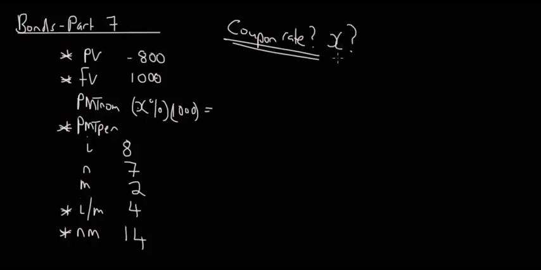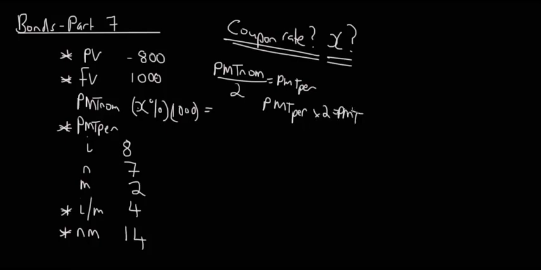X, what is it? So what we need to do is get to PMT per, because we know that PMT nom and PMT per are very closely linked, and we know that because PMT nom divided by 2 equals PMT per, which therefore means that once we've solved for PMT per, times 2 equals the dollar value for PMT nom, and then we'll move on from there.